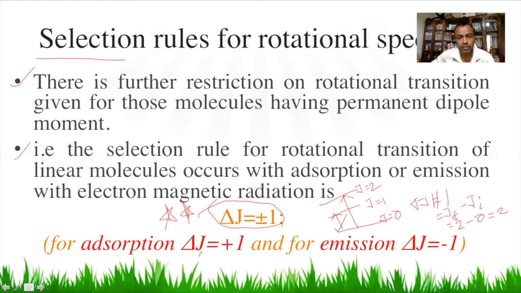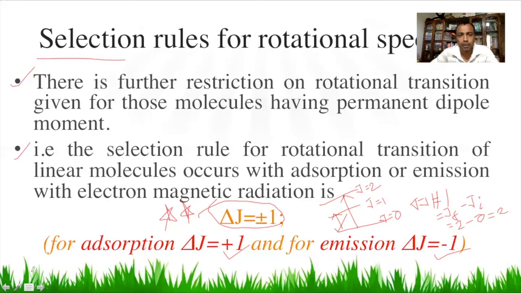For absorption, del J value should be plus 1, and for emission, del J value should be minus 1. Hope you understand the selection rule. So basically, these are the three main important parts of rotational spectra. First is the moment of inertia. Second is the equations, that is E_J in terms of joule and in terms of wave number.